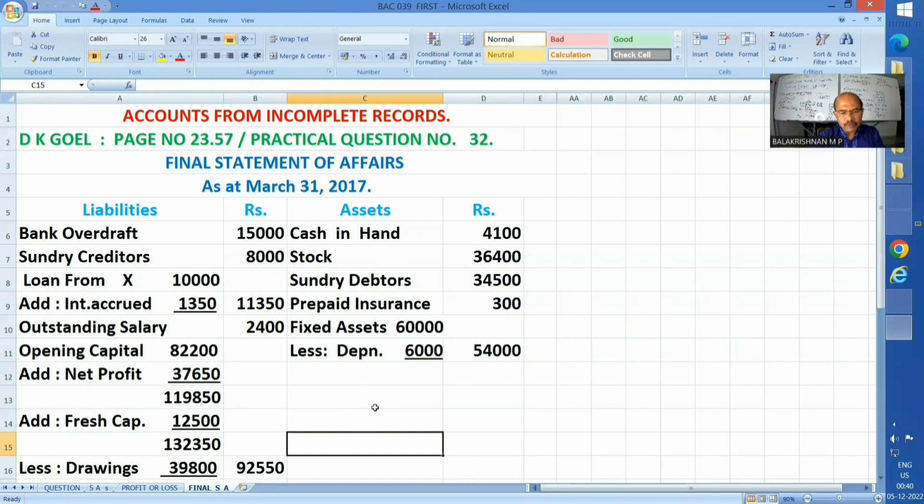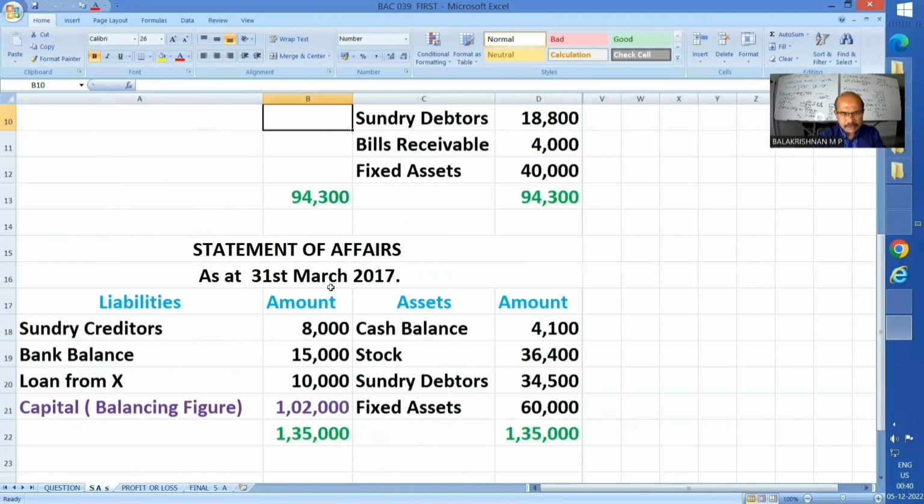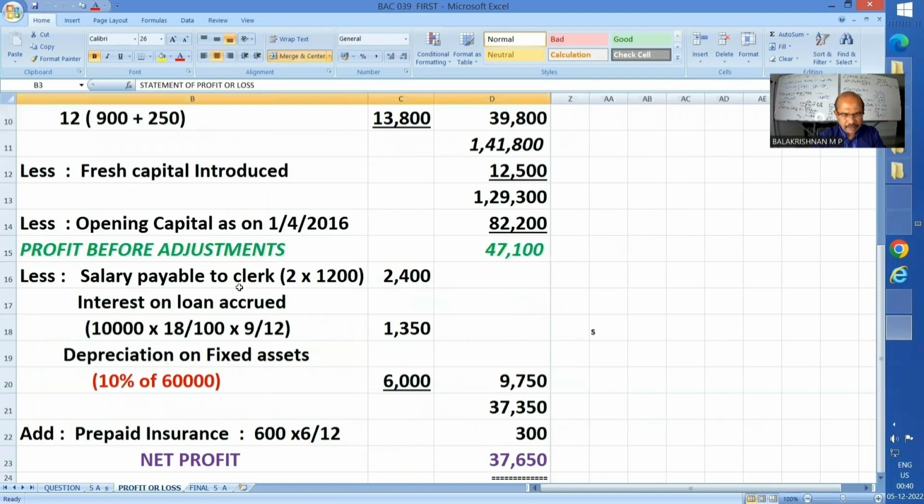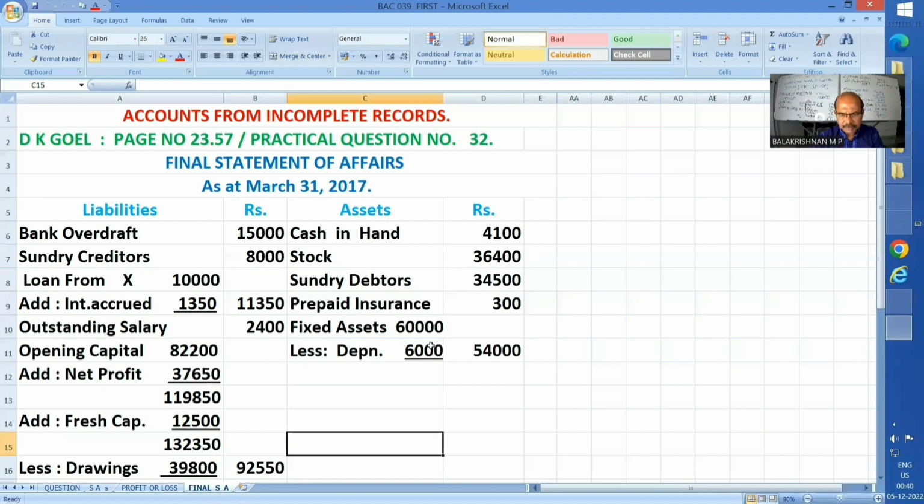Preparation of statement of profit or loss, right? So these three pieces of information I am getting from my closing statement of affairs. As it is, I am showing. And fixed assets, since there is an adjustment that is reflected here, I am taking that one and the net figure I have shown there. Okay.